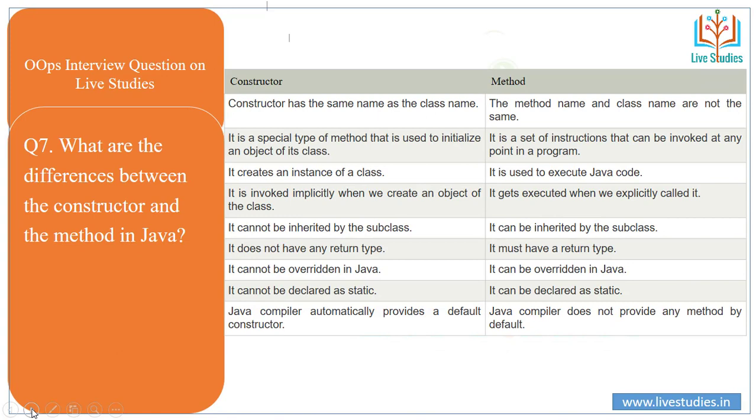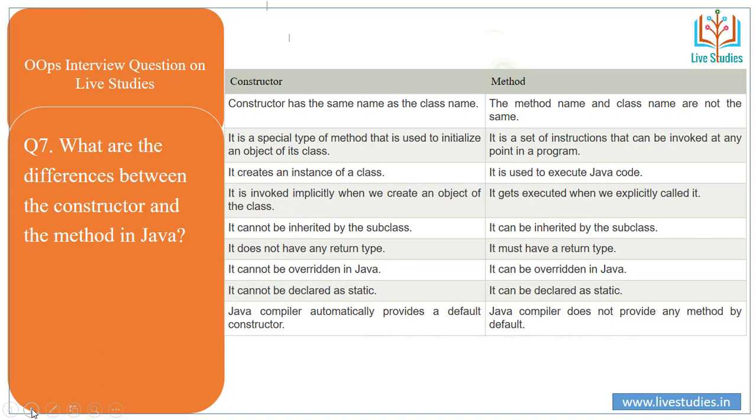Another question is, what is the difference between a constructor and a method in Java? A constructor has the same name as the class name. But for a method, the method name and class name are not the same.